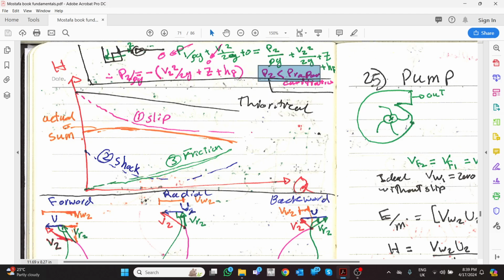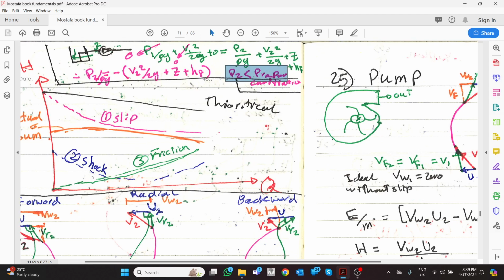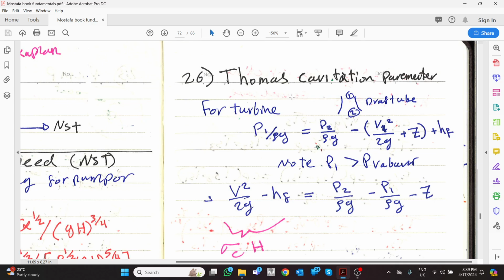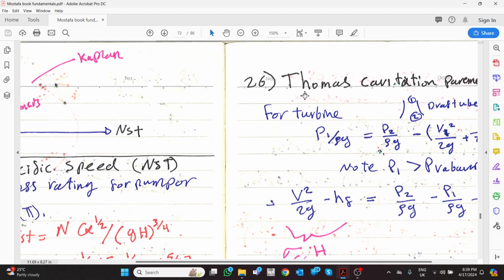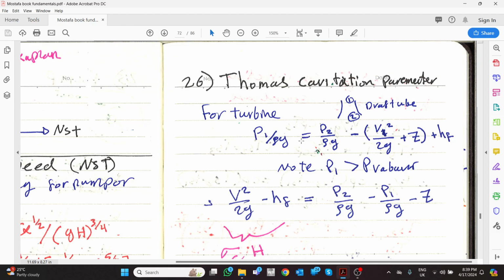The Thoma cavitation parameter can be applied at the suction. So for the turbine, it is after the turbine, at the draft tube; for the pump, at the suction. Okay, what is Thoma saying? Thoma is saying a very simple concept, what we discussed before: that B1 must be bigger than B vapor.